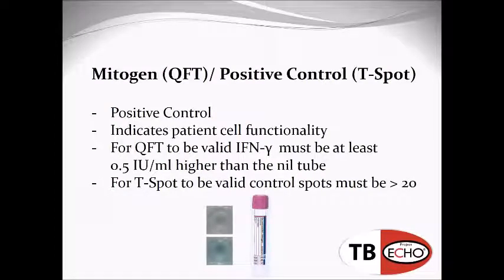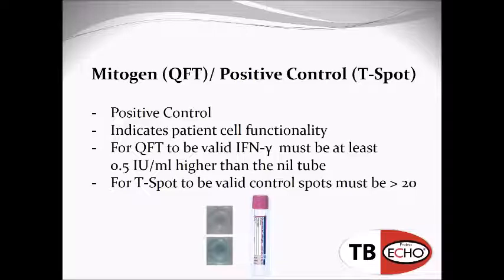Then we come to the mitogen. That's what it is called in the QuantiFERON, or the positive control. That's what it's called on the T-spot. So the mitogen is the positive control. And what they do with this tube is that they add some T cells to, or not TB cells, but non-specific T cells to the blood of the patient to see if it will even produce interferon gamma.